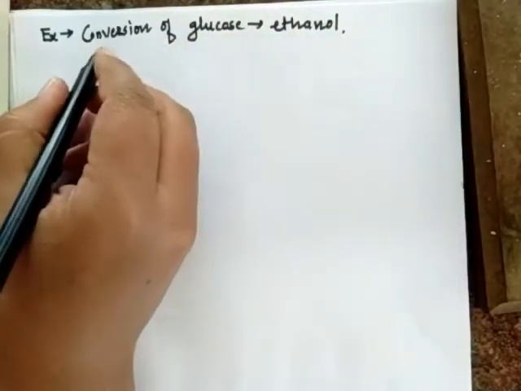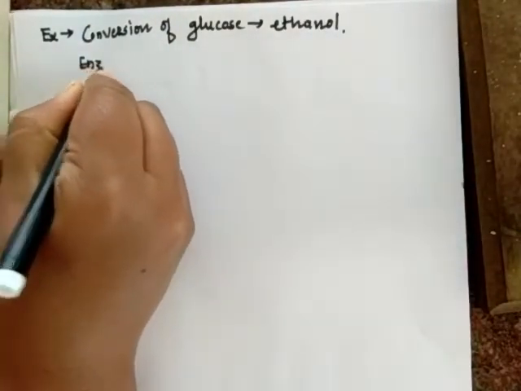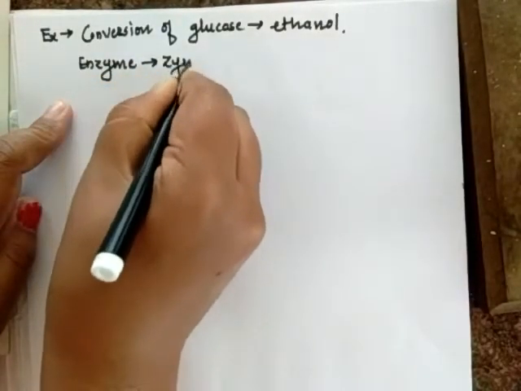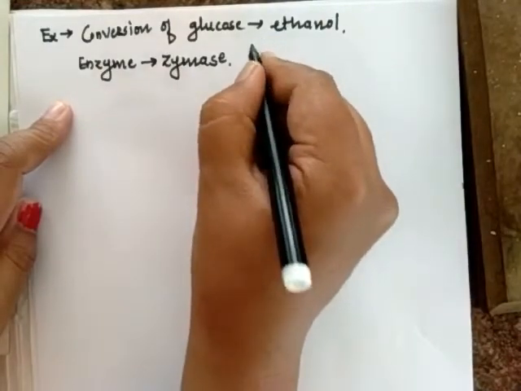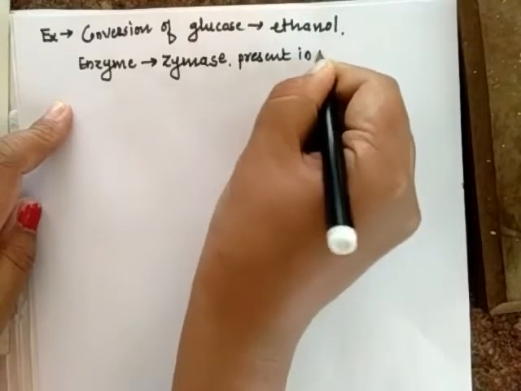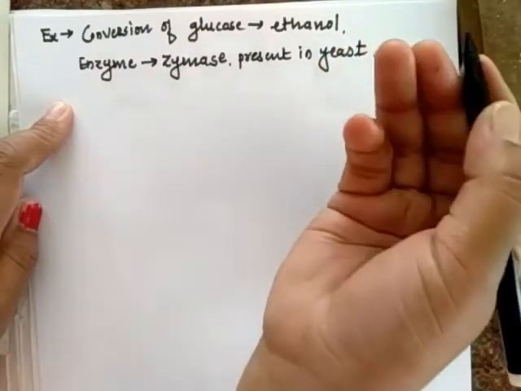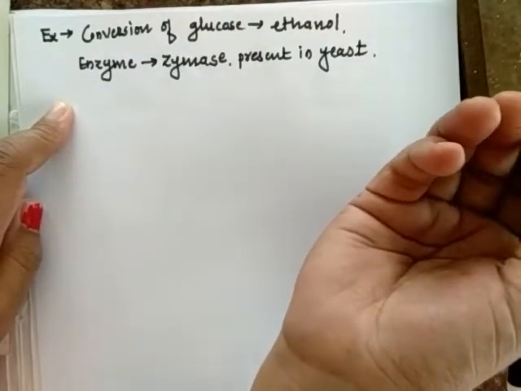Let us see the reaction. The enzyme zymase, which is the particular name of the enzyme, which is present in yeast, can be used for the conversion of glucose into ethyl alcohol, or we also call it ethanol.